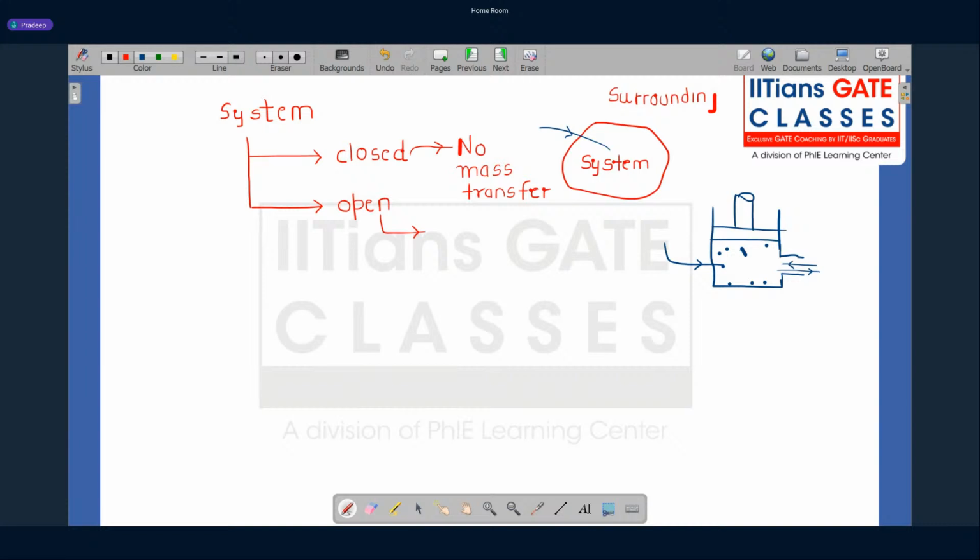We will look into the case of an open system in more detail and understand it. So now we have looked into the open system definition and the closed system definition.